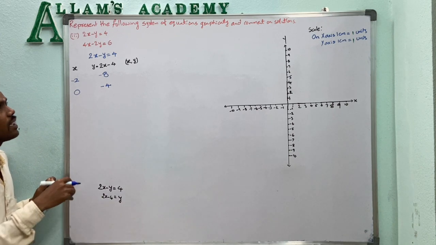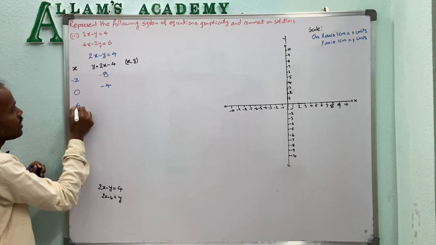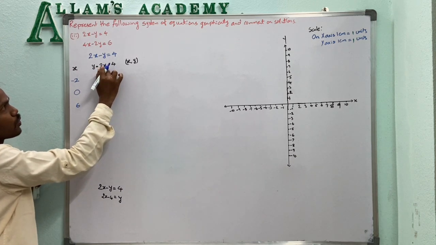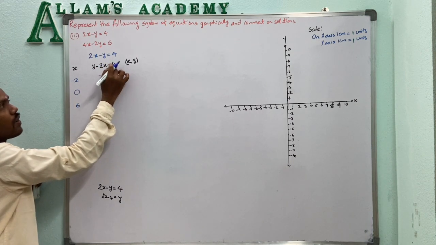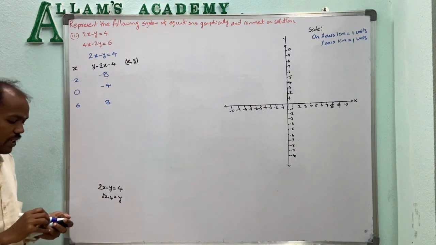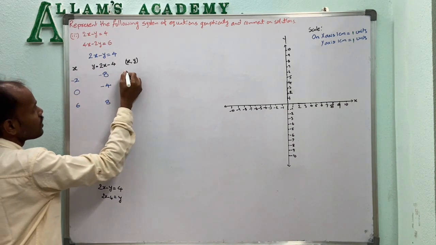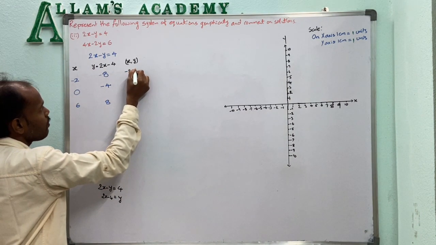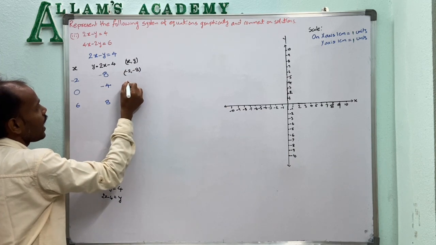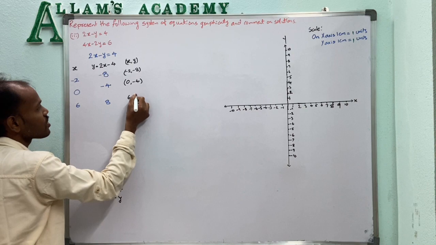Next, a positive number, 6: 2 sixes are 12, 12 minus 4 equal to 8. So for different x values we get different y values: minus 2 to minus 8, 0 to minus 4, and 6 to 8.